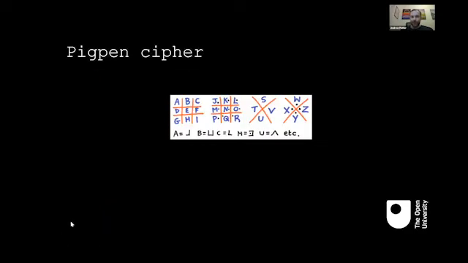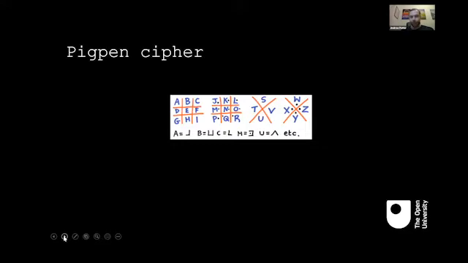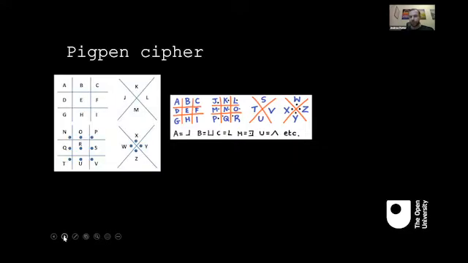The pigpen cipher uses this as its key here, but it's an example of a diagrammatic substitution cipher. Every single letter is substituted by a particular part of a diagram, but it's not the only one that you could use. The key that we used was this one here, but you can use a different type if you like. This is another way of arranging the letters of the alphabet into these sorts of pigpens.